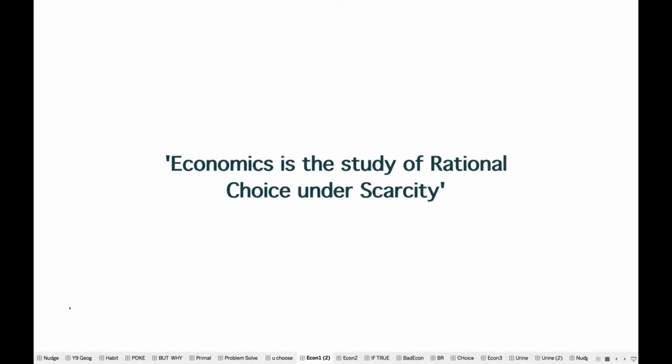Economics is the study of rational choice under scarcity. We live in a scarce world where there are scarce resources, a finite number of problems and infinite options in front of us. Economics looks to study that rational choice that we're making, the decision-making process, and then apply that to a multitude of things. So it's a very broad topic, which you've already heard about in a rough sense today.